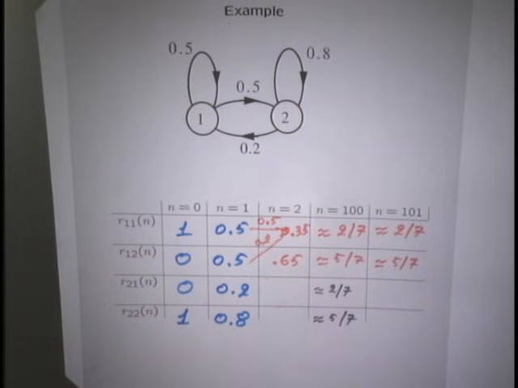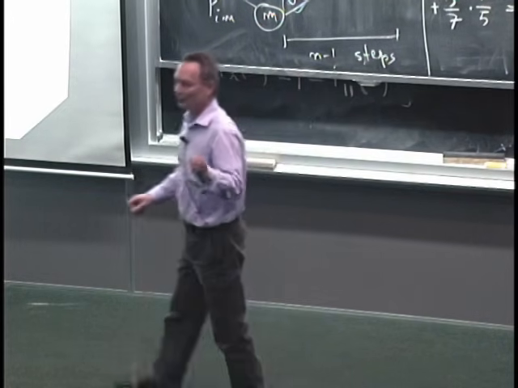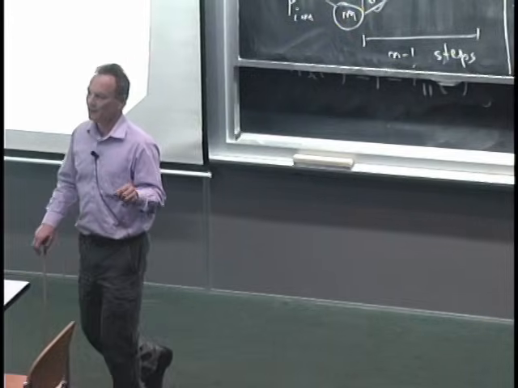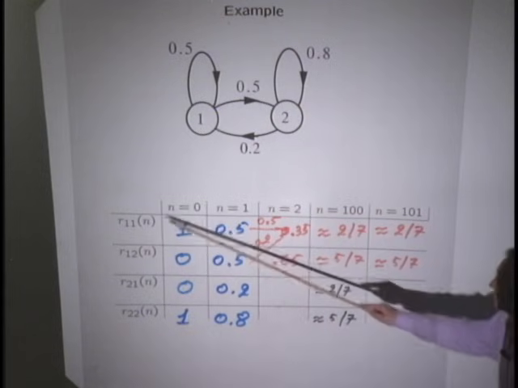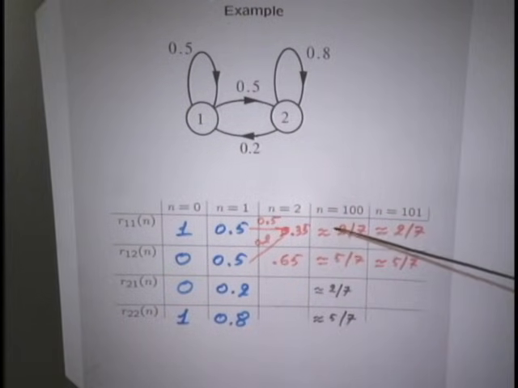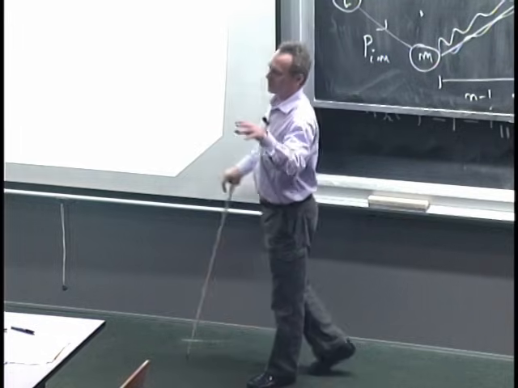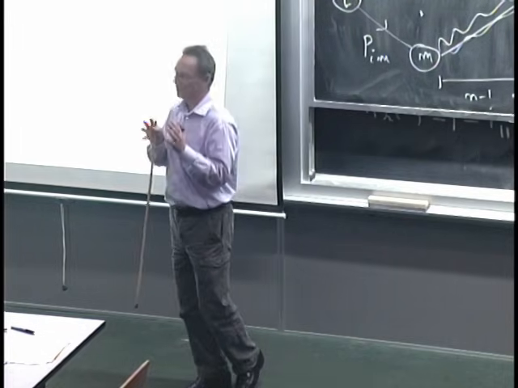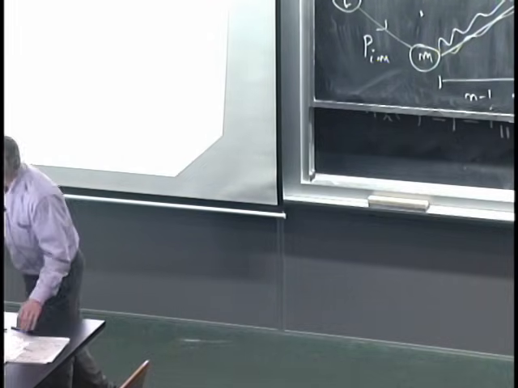So the state itself, the Xn, does not become steady in any sense. What becomes steady are the probabilities that describe Xn. That is, after a long time elapses, the probability that you find yourself at state 1 becomes a constant, 2/7, and the probability that you find yourself at state 2 becomes a constant. So jumps will keep happening, but at any given time, if you ask what's the probability that right now I am at state 1, the answer is going to be 2/7.